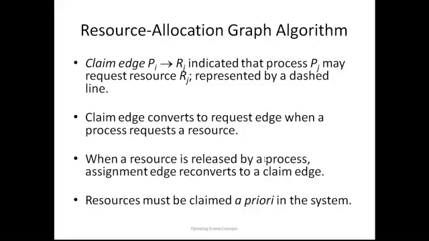The claim edge converts to a request edge when the process requests the resource. When a resource is released by a process, the assignment edge reconverts to a claim edge. Resources must be claimed a priori in the system.